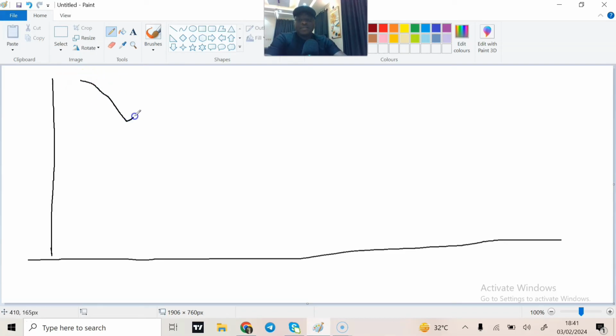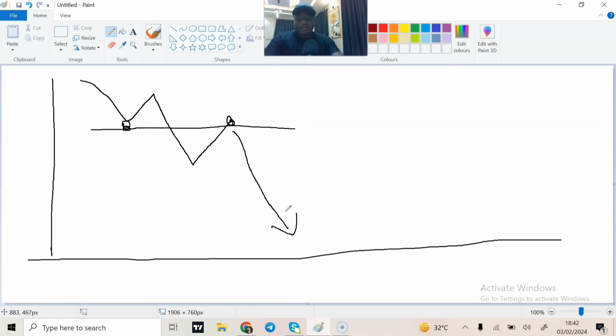So let's say the market is doing something like this, and we are hoping that this market hitting this key level would give us a sell. We're hoping that this market would come to this key level, and then this is what we are hoping to get.